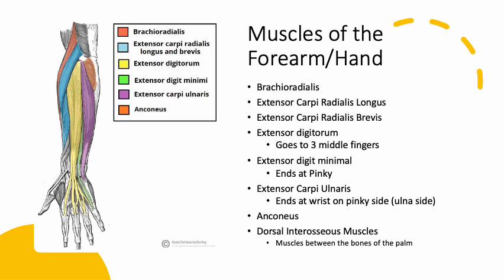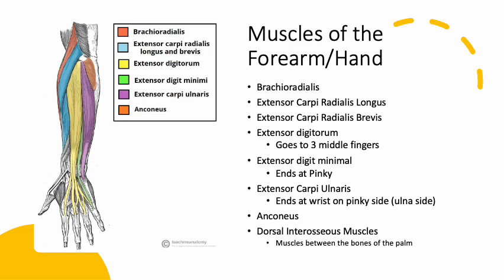And then you have these things called dorsal interosseous muscles. And these are similar to the interosseous membranes in your arms and legs, but these go in between your fingers. So when you're looking at your palm, you have bones across your palm, right? Your metacarpals.